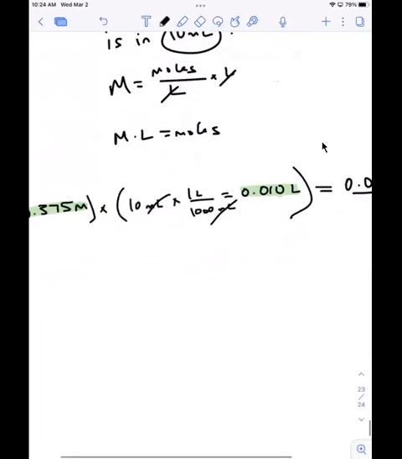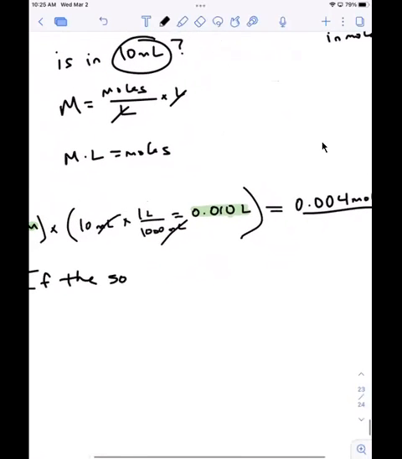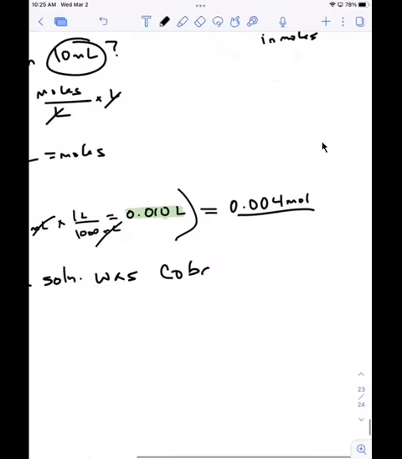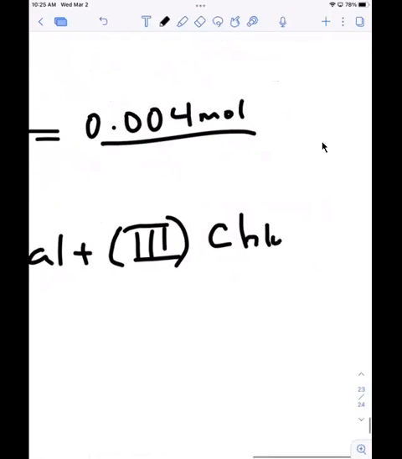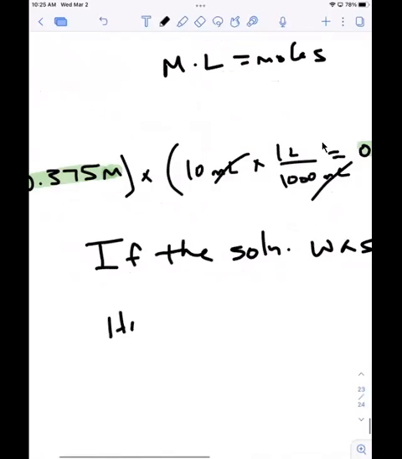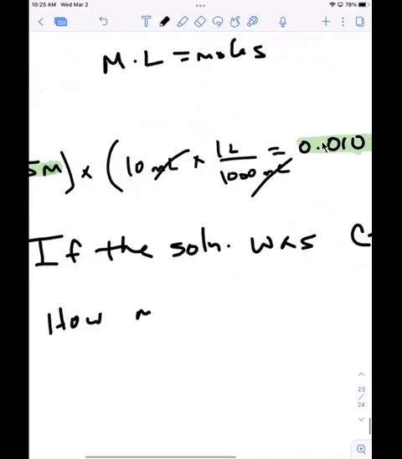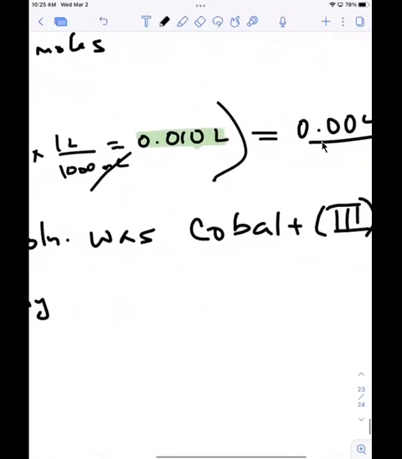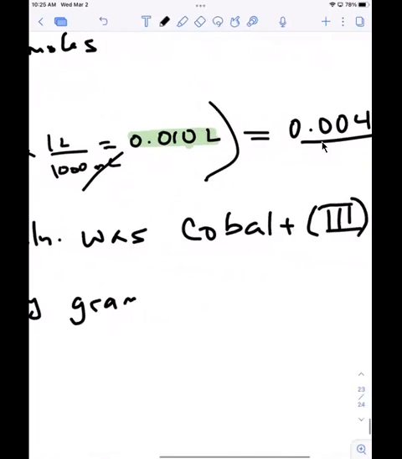What if the solution was cobalt 3 chloride?